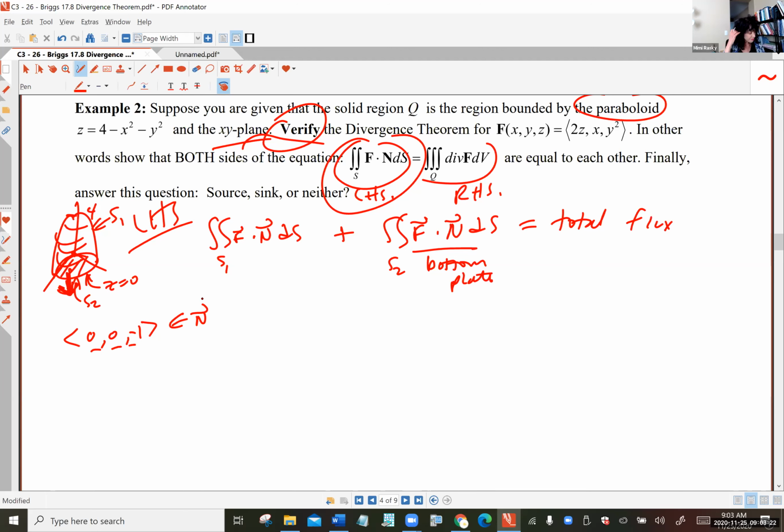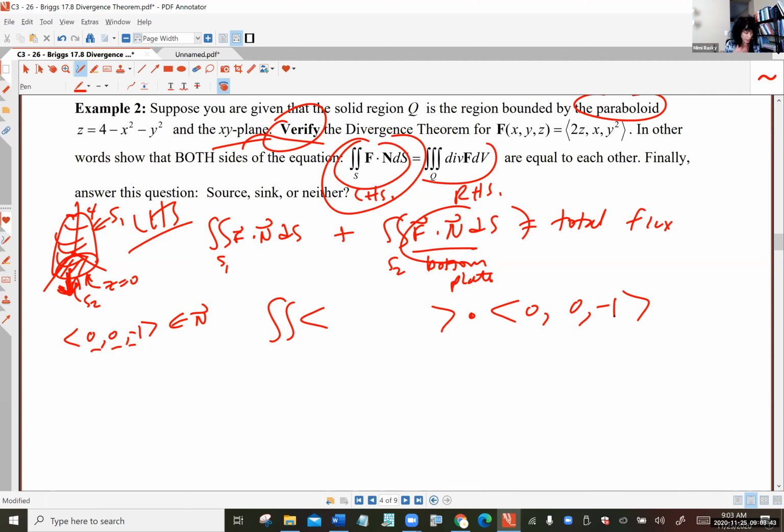Remember, when you do this F dot n dS, the magnitude of the normal vector cancels with dS. You only really have to take the dot product of your force field with your normal vector, which is not necessarily unitized; if it is, that's great.